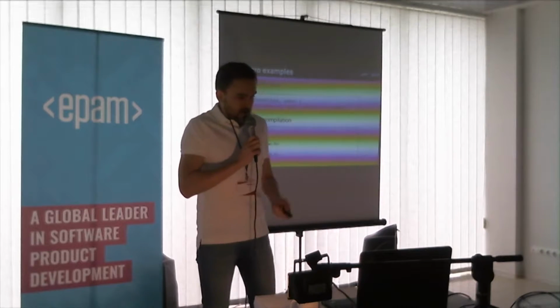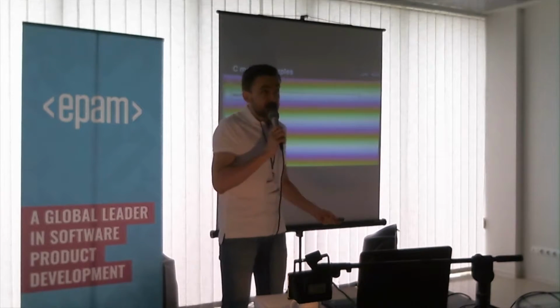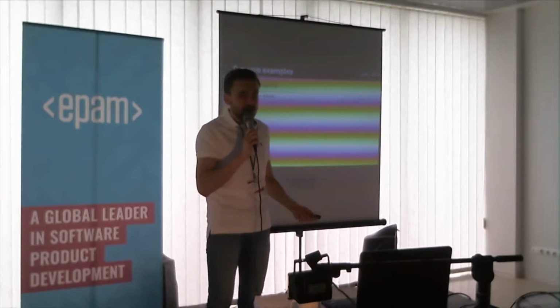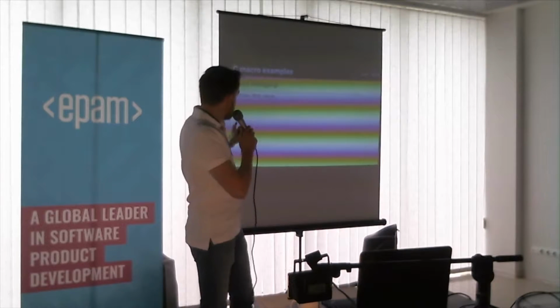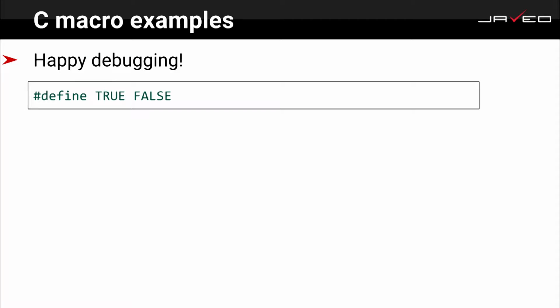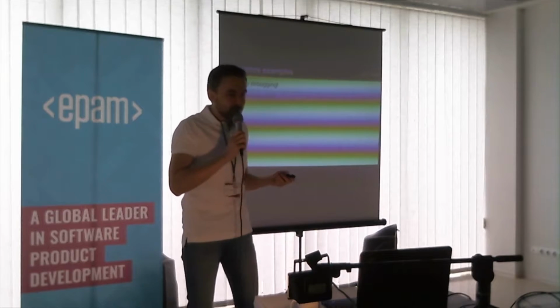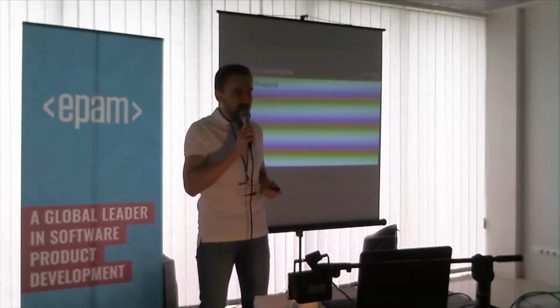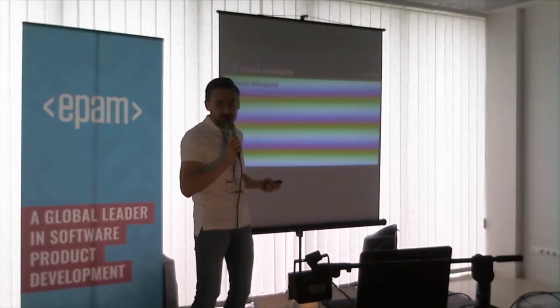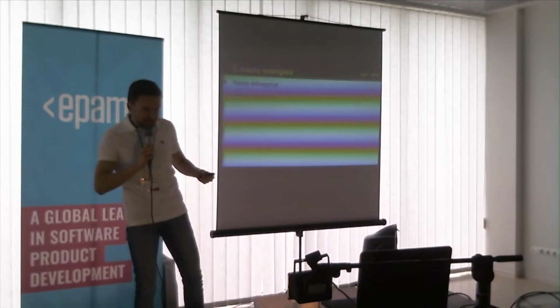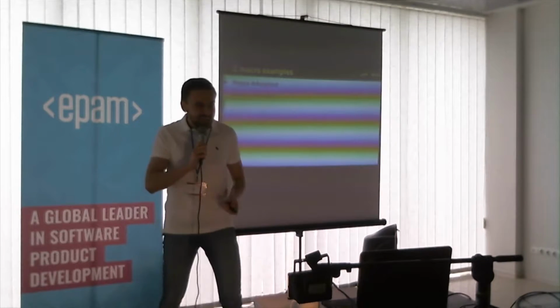So if you haven't seen those examples before, you might be having a great time right now, but now let's look at this beast. What this code does is replace occurrences of true with false, right? So if you are a developer who likes jokes, it could be very tempting to write something like this, but the consequences might not be so good for you. I don't have to explain why, probably.